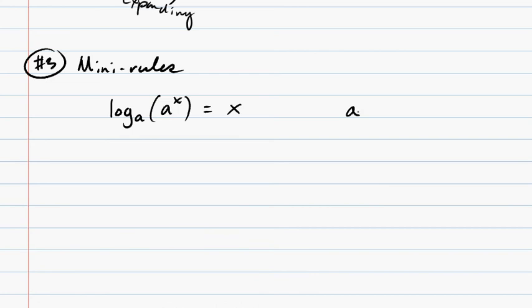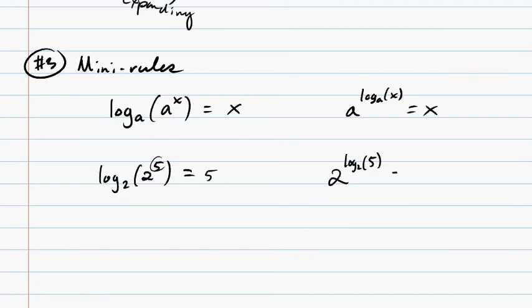And similarly, there's another rule, a to the power of log base a of x equals x. So you might see something like log base 2 of 2 to the 5th power. That's just going to turn out to be 5. And if you did here, 2 to the log base 2 of 5, that's going to be 5. So sometimes they come up, and you should be aware about those two ones.